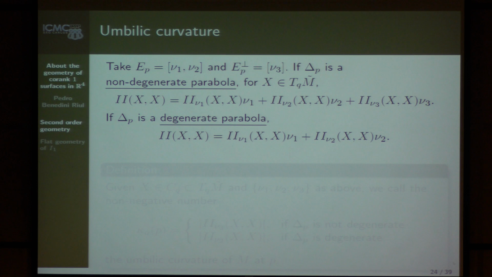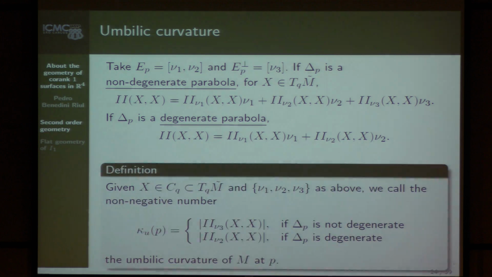Besides, when x is a unit tangent direction, the last component of each equation tells us only about the position of the curvature parabola in the space, in the sense that the second fundamental form restricted to the unit tangent vectors will not depend on the third component up to sign. So, with this in mind, we can define the umbilic curvature, as we see.